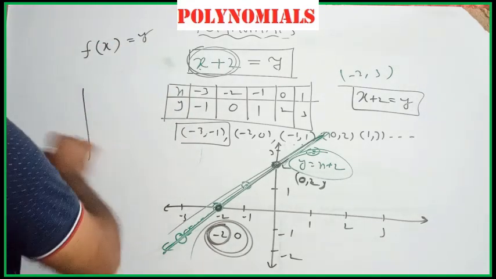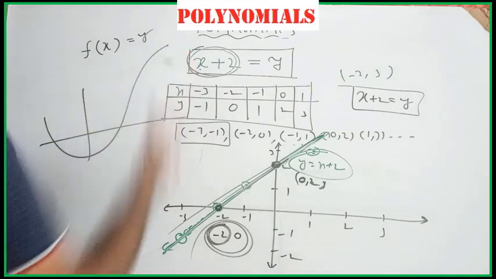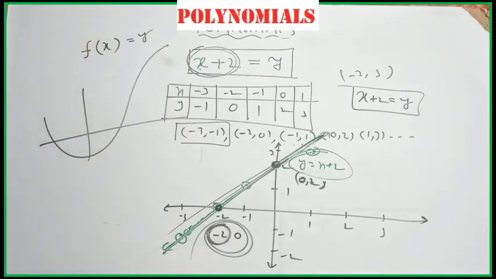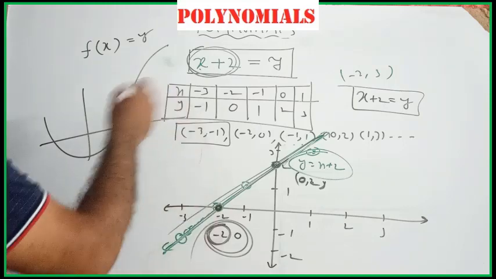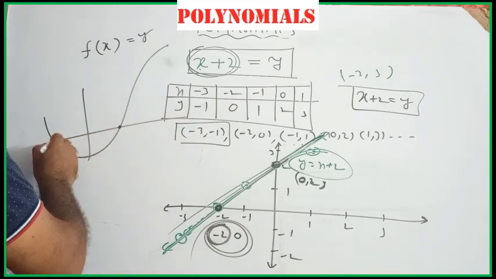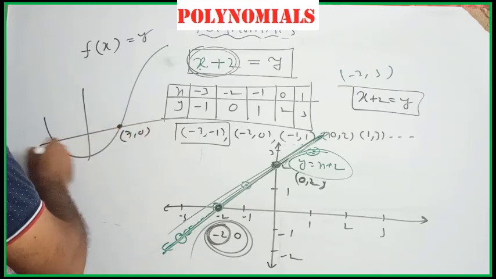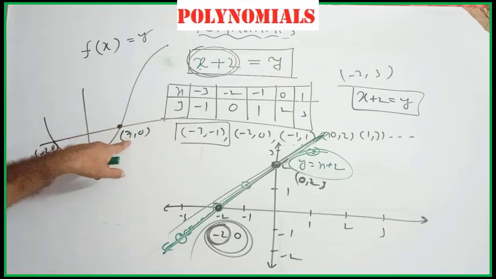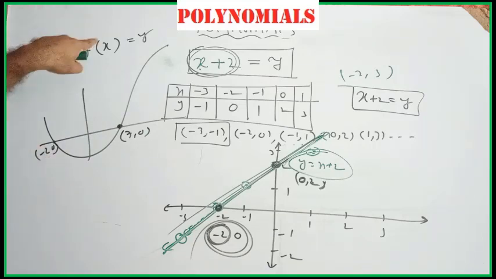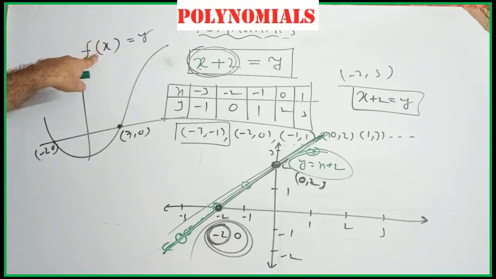Okay, for example, this is the graph of y is equal to f of x. Now identify where that graph intersects the x-axis. For example, it intersects the x-axis at (7, 0) and (minus 2, 0). So 7 and minus 2 are taken as the zeros of that polynomial. Understood?